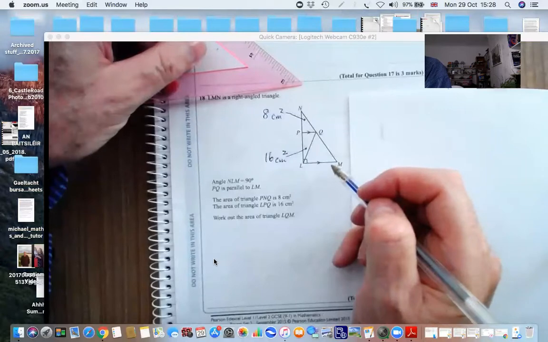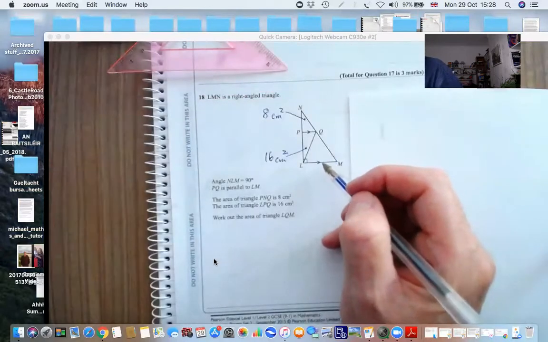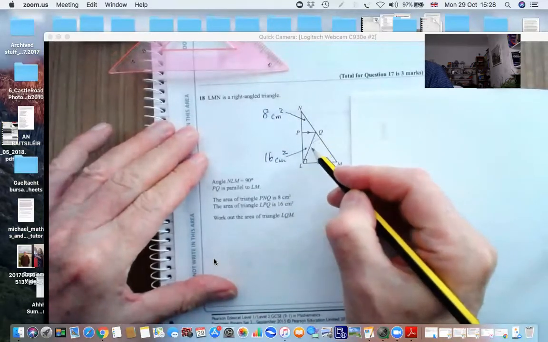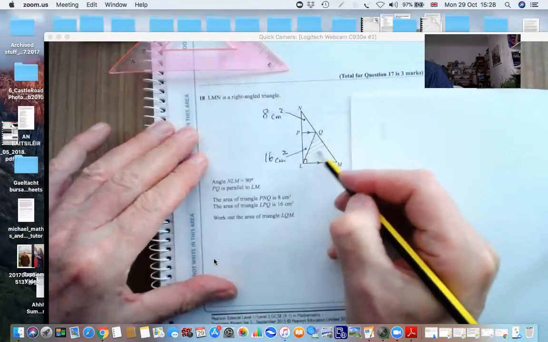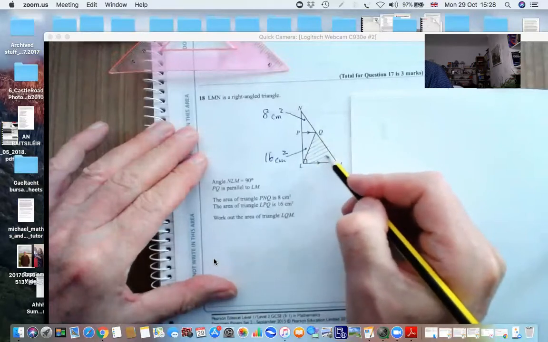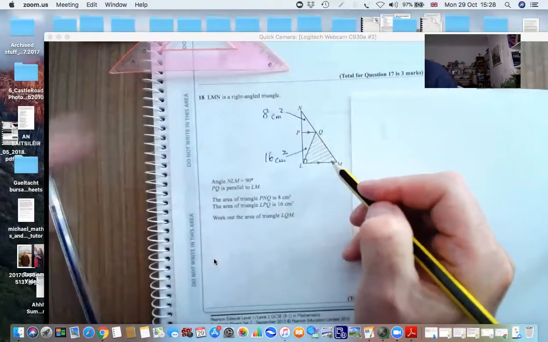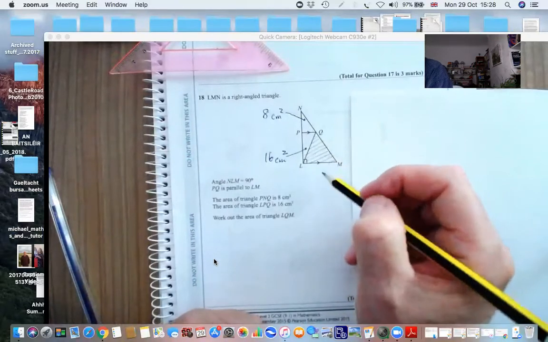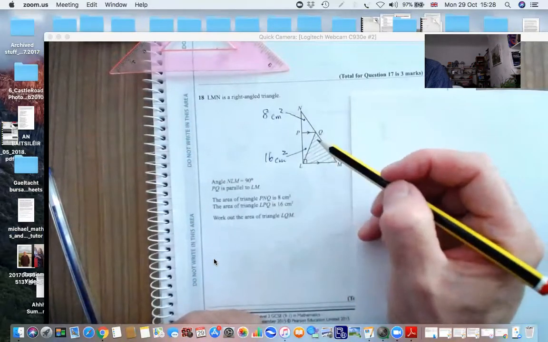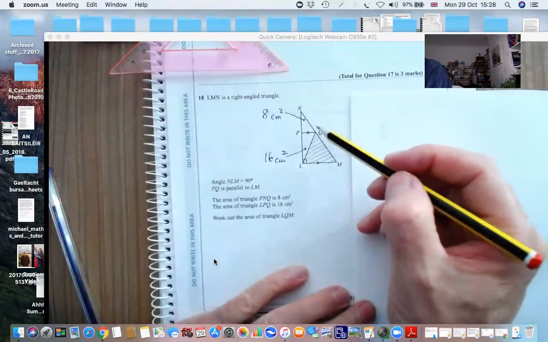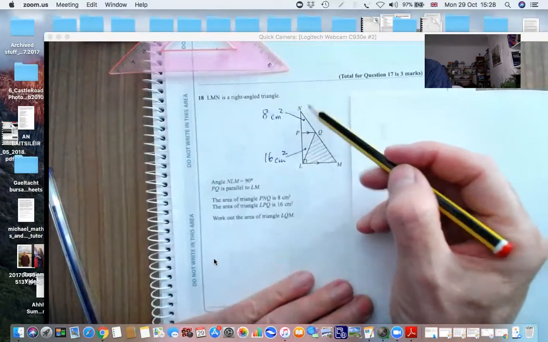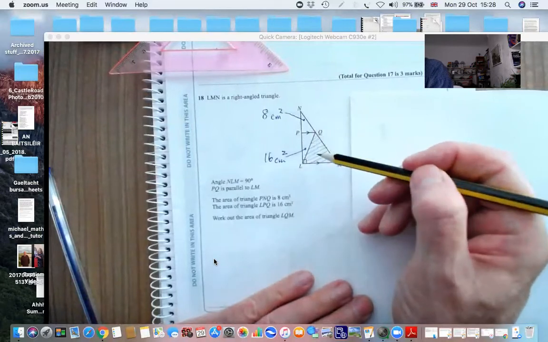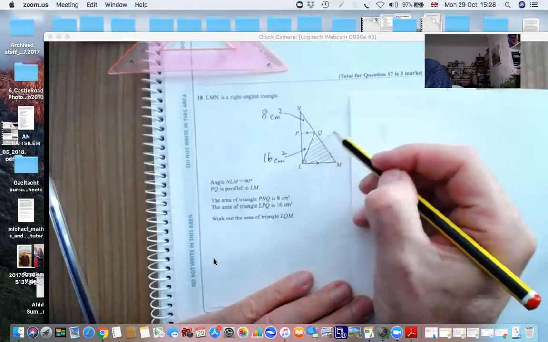LQM. So okay, we're being asked to find the area of this triangle. And from the information that we've been given, it would seem that it might be a good idea, because he's asking us to think about these two smaller triangles and work our way towards this wanted triangle.